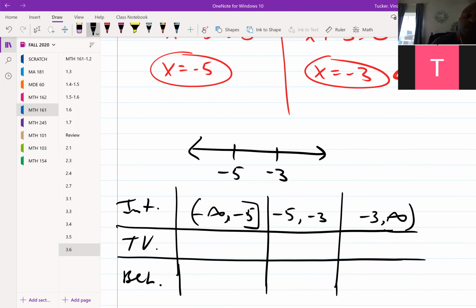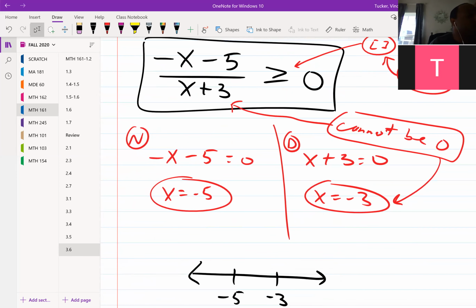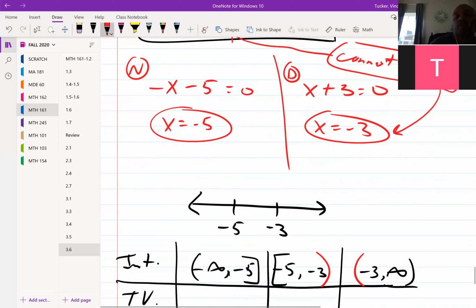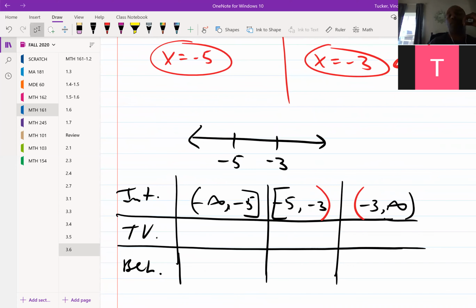So I will use bracket on the -5, but I'm still going to use parentheses on that -3. Because once again, if I put -3 into my function, I get 0 in my denominator, and I cannot have 0 in the denominator. So this whole thing cannot be 0.